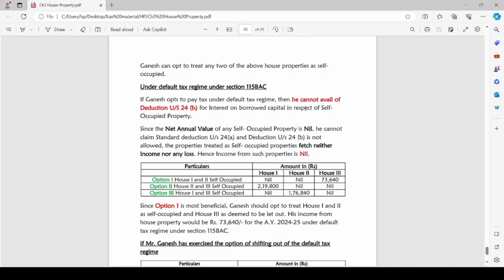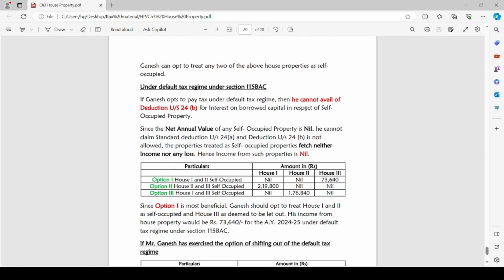Then, he cannot avail of deduction under section 24B for the interest on borrowed capital in respect of self-occupied property. Here, Ganesh can opt any of the two. He can treat any of the two properties as self-occupied. Then, for such two properties, he cannot claim 24B deduction. Since the net annual value of any self-occupied property is nil, he cannot claim standard deduction under section 24A.